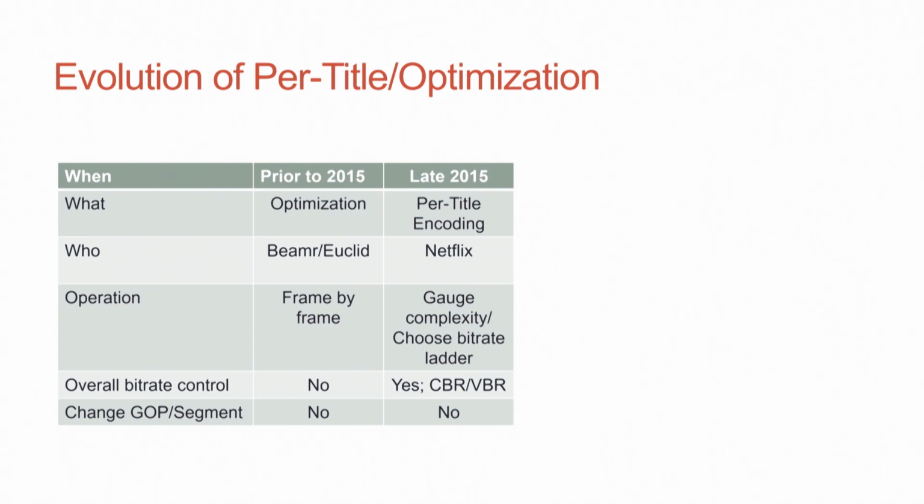So in late 2015, Netflix came out with a technology called per title encoding. And per title encoding, as they implemented it, has two steps. Step one is use a technique to evaluate the encoding complexity of the entire video. The entire video. And then once you understand that, you can apply any encoding technology you want to that video.